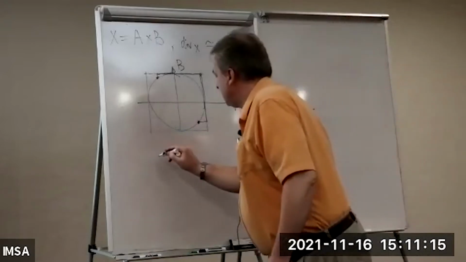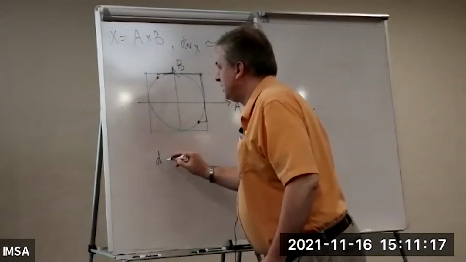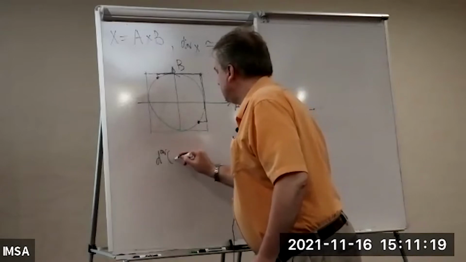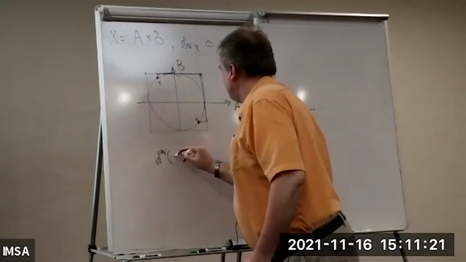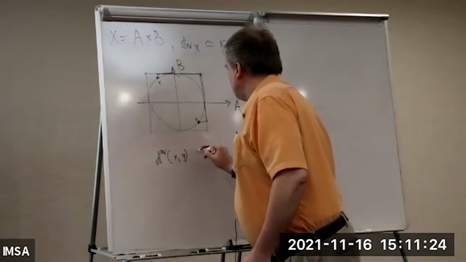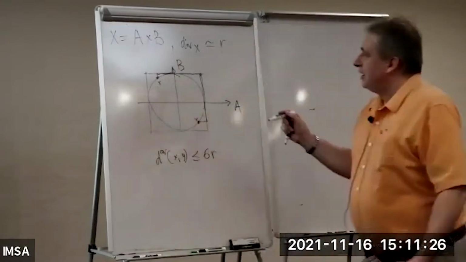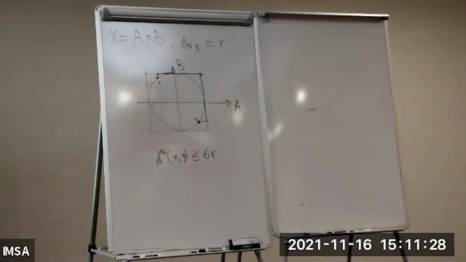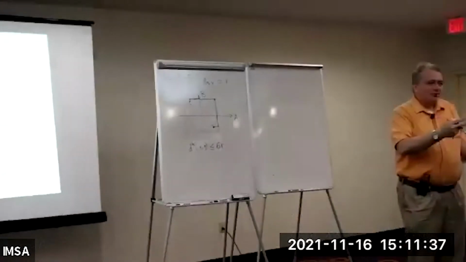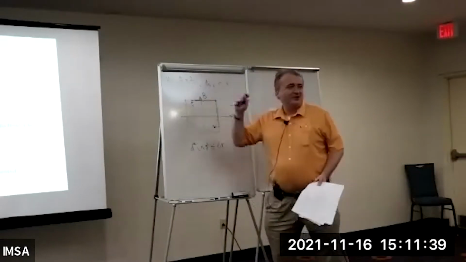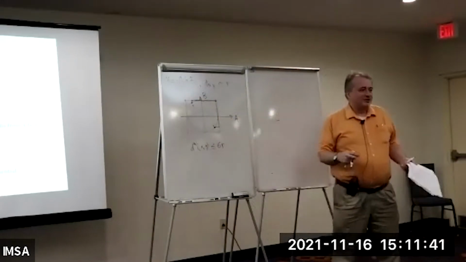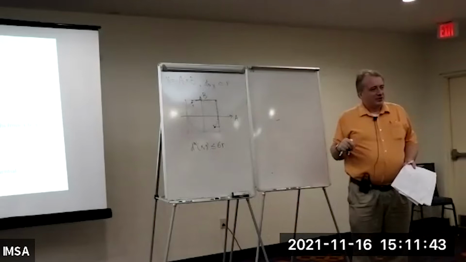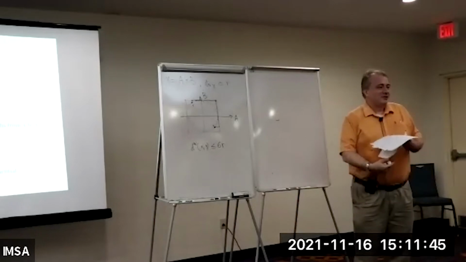So we see that the avoidant distance between x and y is less than 6r. And that's very easy. It shows that as soon as we have a product of spaces, the divergence will be linear. And growth can be hidden here or here in a non-trivial way. So it's slightly different from growth, but also a quasi-isometry invariant.